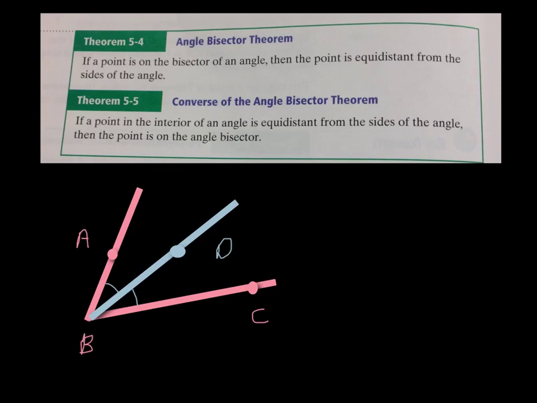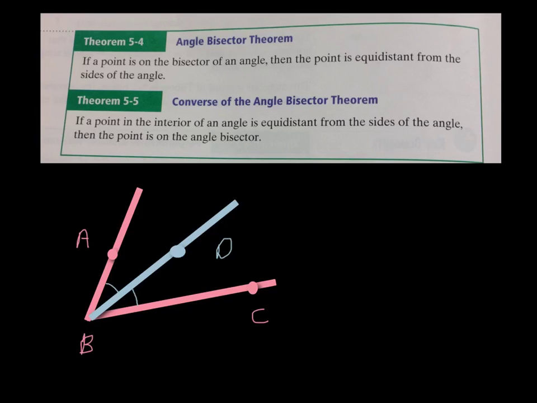Okay, if we have ray BD, or segment BD, bisects angle ABC, you can tell because of the arcs that it's an angle bisector, then D, which is on the bisector of the red angle, has to be the same distance to both sides of the angle.